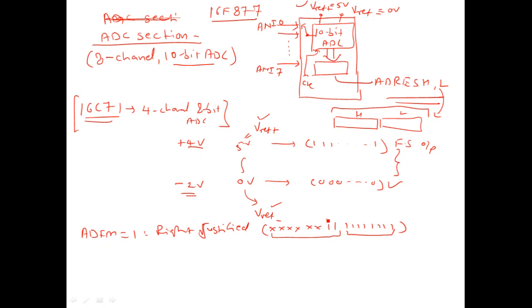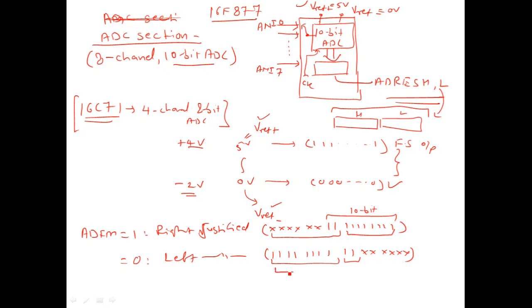So the 10-bit result is stored in a right justified manner. Whereas if it is 0, then it will be stored in a left justified manner. In the left justified manner, all the bits will be shifted to this side. So this is your higher byte, and the lower byte will have these 2 bits of the data, and all the remaining bits are don't care bits.